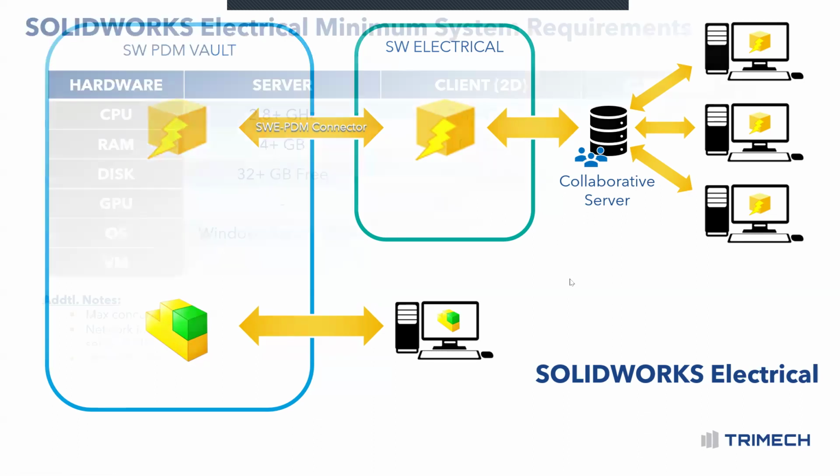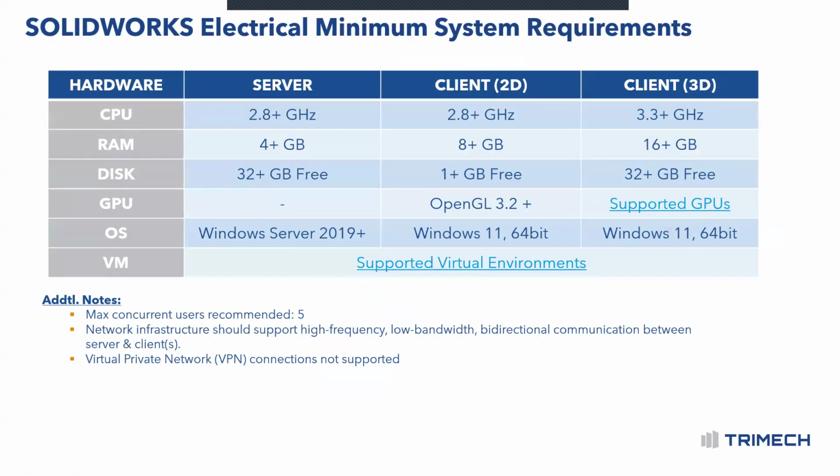A couple other things too, some system requirements. This is just basic stuff, but the key thing I wanted to point out here is that we're working with a 2D CAD program, so we require a little less from a GPU. You don't have to have something like an RTX 4090. You can use a regular old graphics card or even some integrated graphics. It requires less install space and less RAM to be able to do a lot of the things that you would need to do.